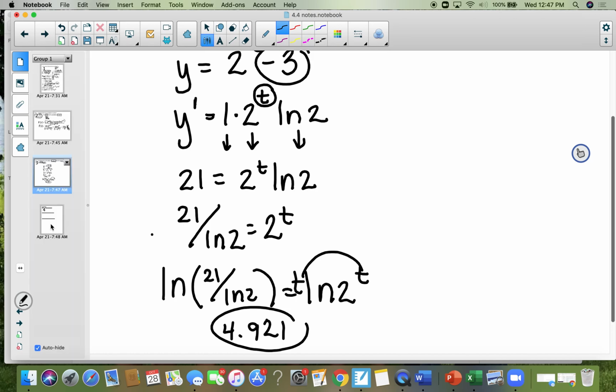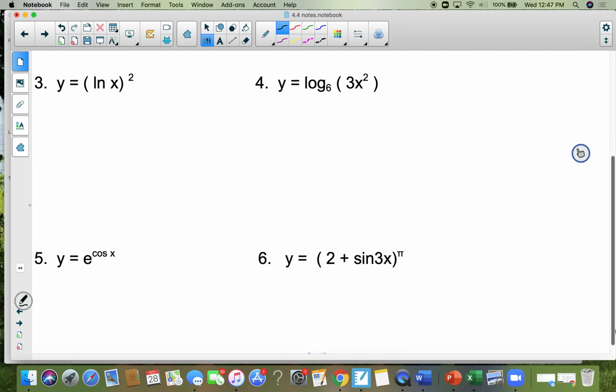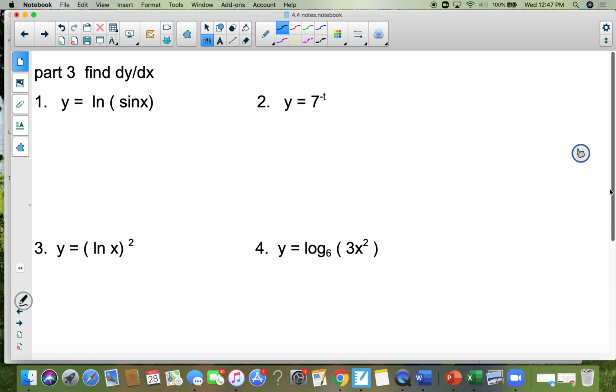And these are just, I don't know how many I put out here, 1, 2, 3, 4, 5, 6. These are all the rules, and you just have to know how to do these just by looking at it. So I'm just going to do a couple of these 6 and be done. Again, it's a natural log, ln. You know you need to put the original after the ln on the bottom, and the derivative of that on the top.